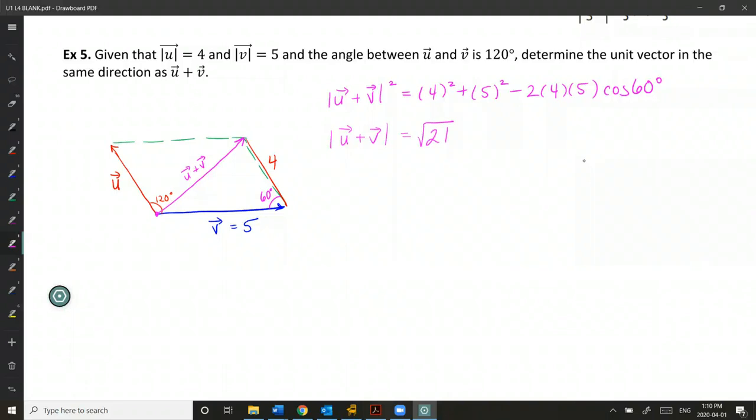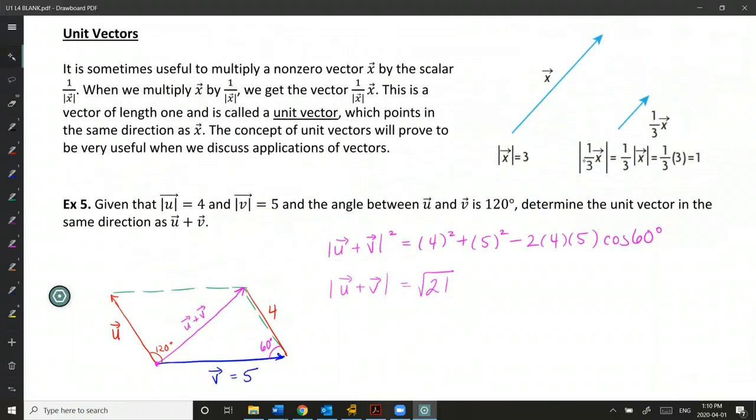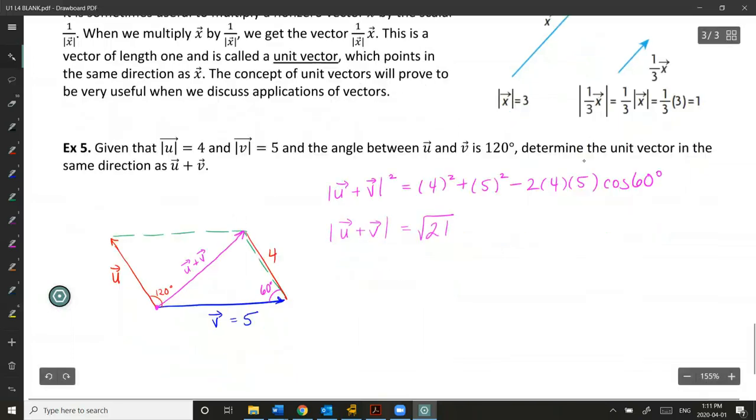So if I want to find the unit vector that's in the same direction as u plus v, basically what the above instructions are saying is that I will do 1 over the magnitude of the vector times the vector, and this will give me the vector that has length 1 in the same direction as the vector that I'm multiplying it by.